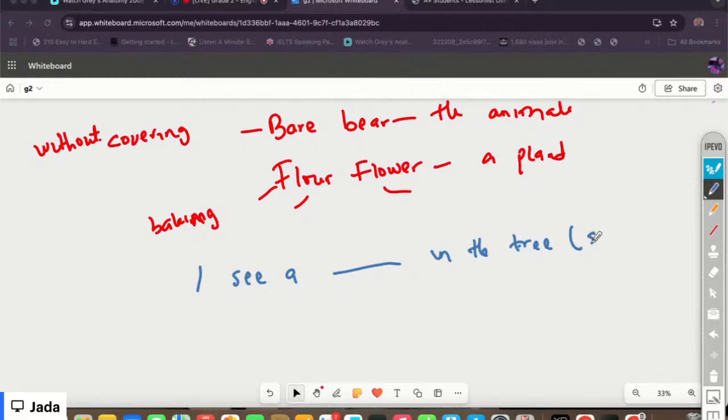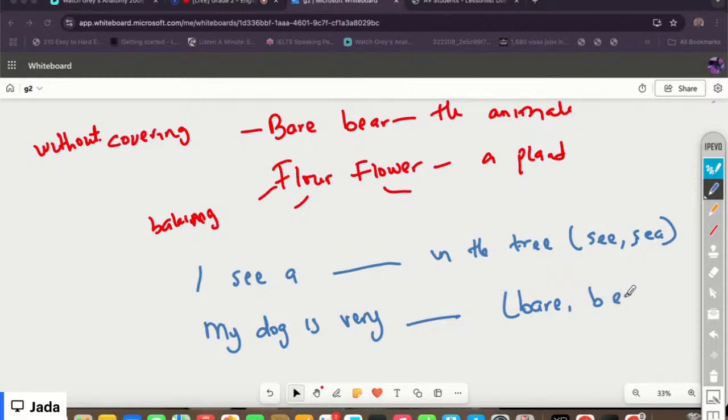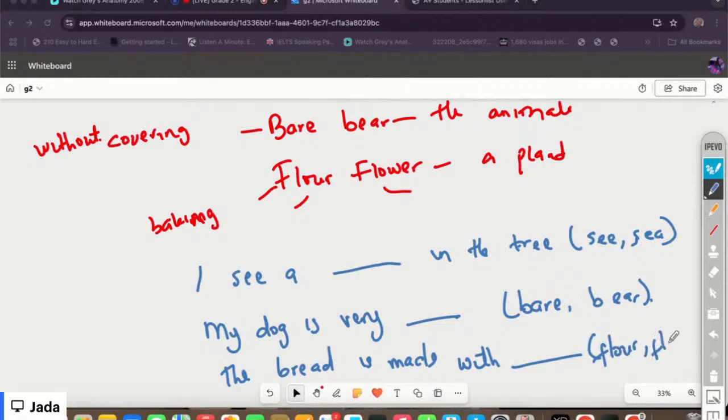So which one is it? Then we have also "my dog is very dash." So is it bare or bear? Which one? And we have "the bread is made with dash." So is it flour or flower? This or the other? Okay, so tell me.